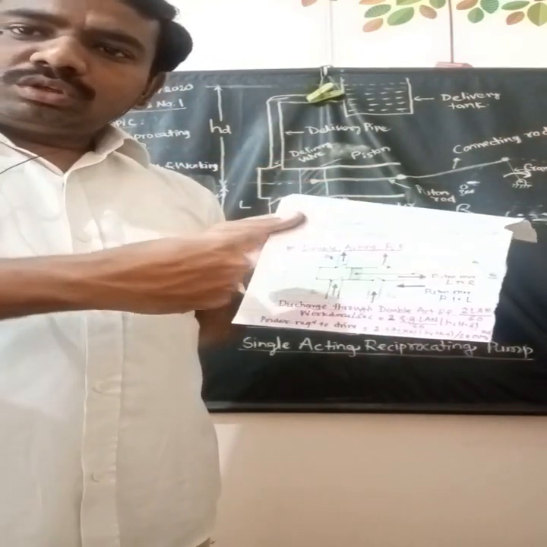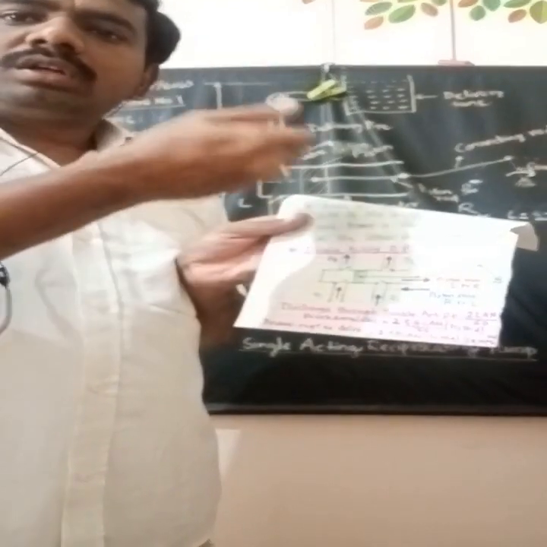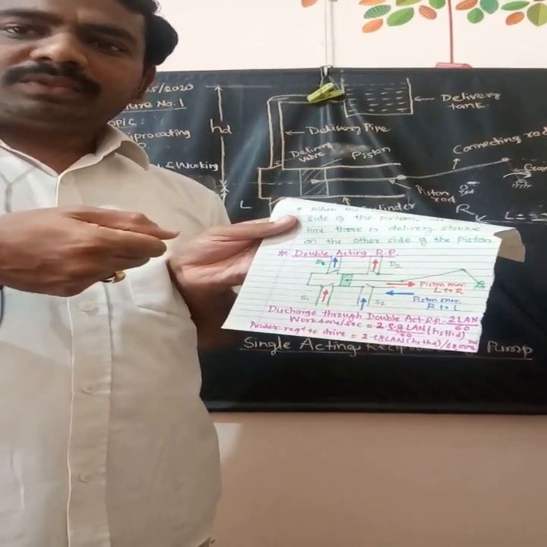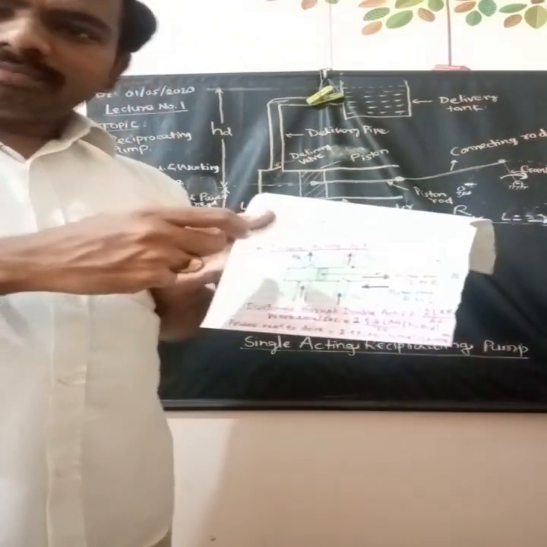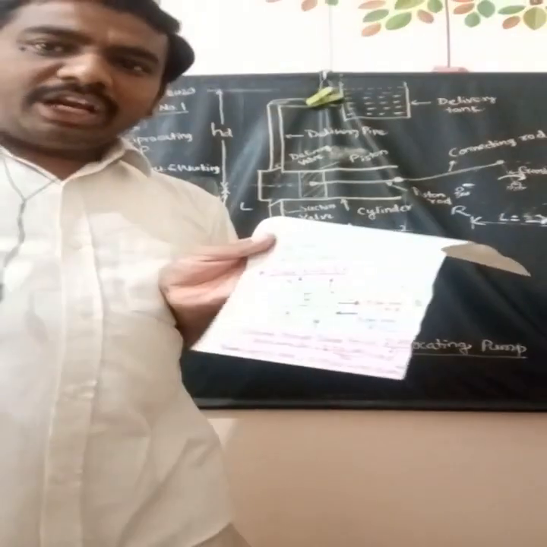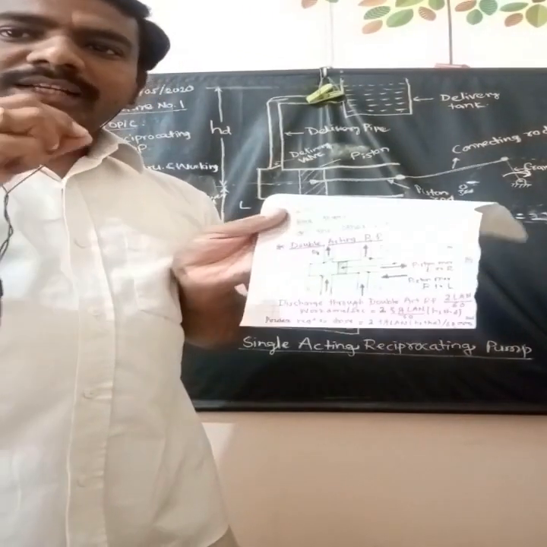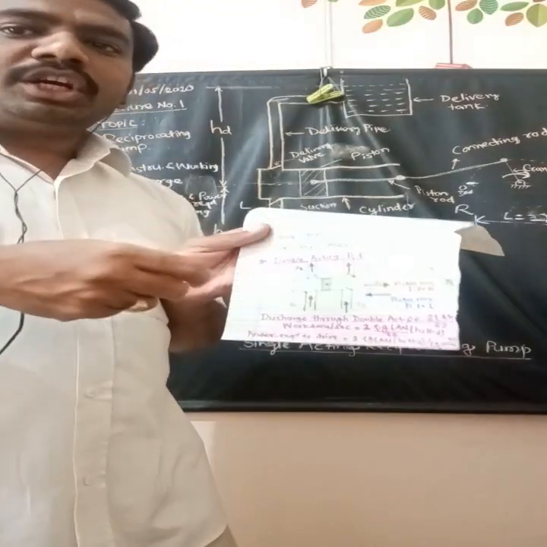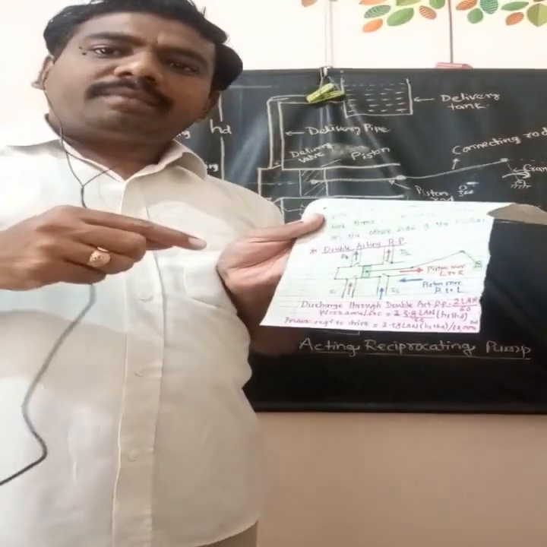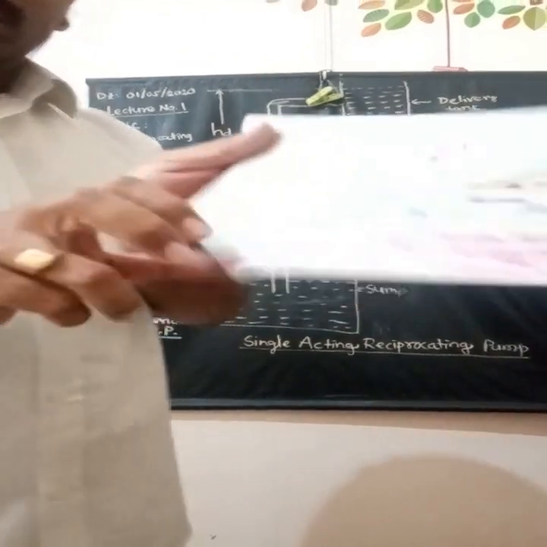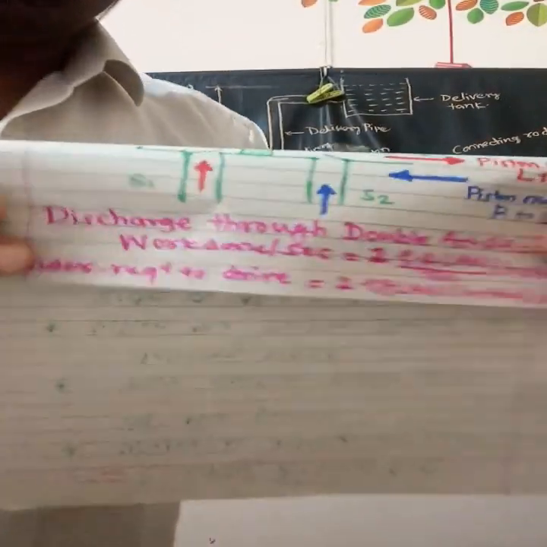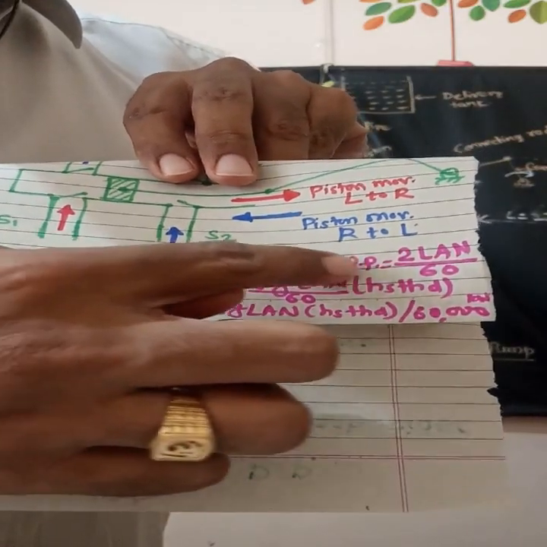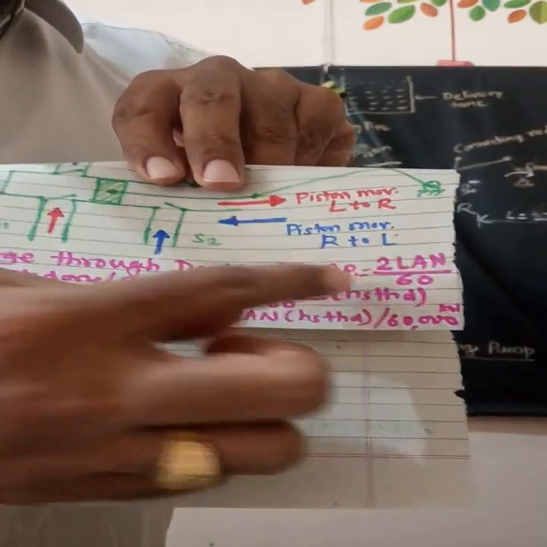So in to and fro motion, it delivers twice the volume of the cylinder, A into L. That's why the discharge through the double acting reciprocating pump is simply twice ALN by 60.